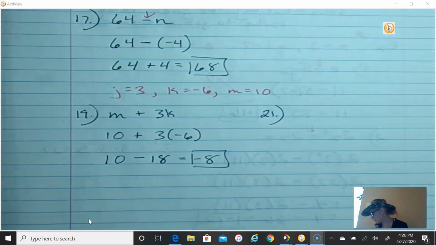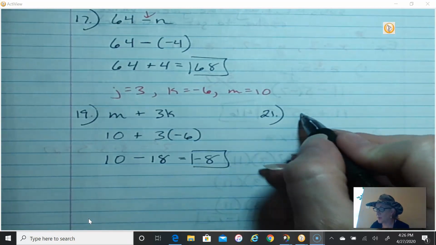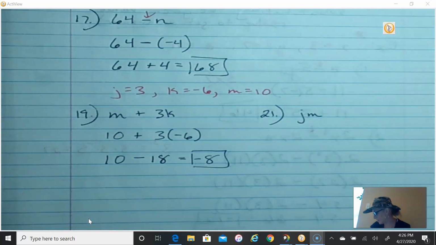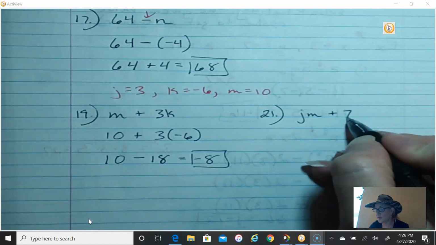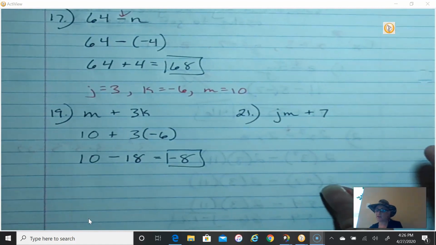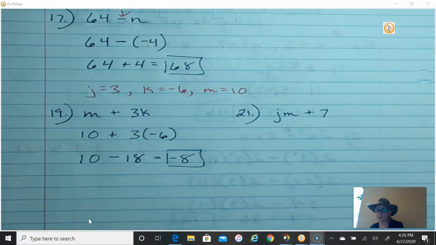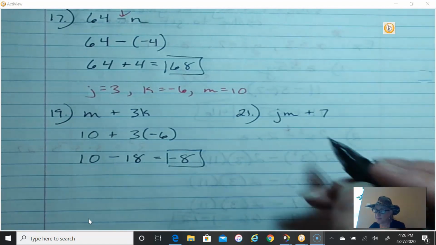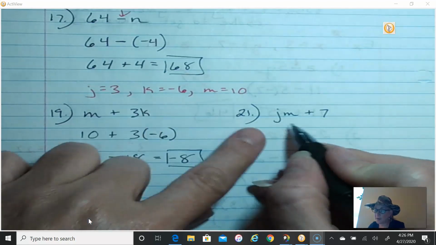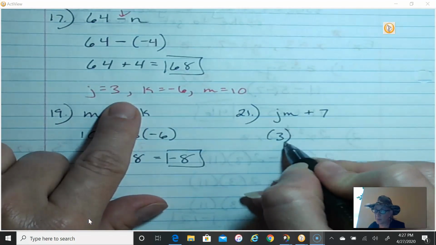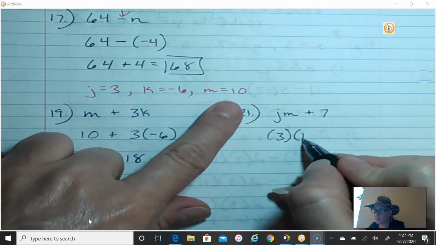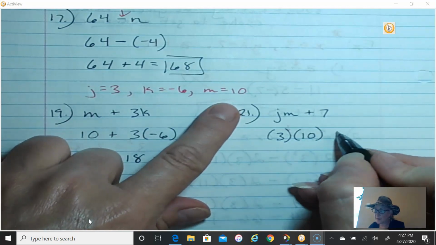21. Okay, y'all should start pausing these videos to see if you can do it on your own before it's too late. All right, so we have j times m plus 7. Pause your video, see if you can figure this out, and then come back and check. All right, j is 3, and they're multiplying, so I'm going to put 3 in parentheses and m in parentheses, plus 7.